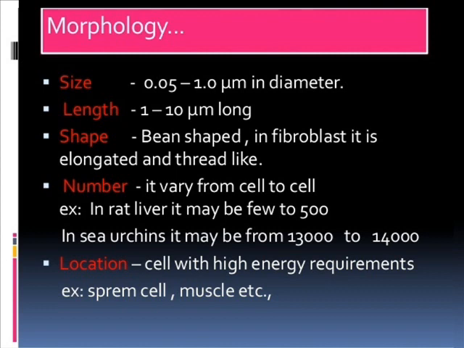For example, in the rat liver, the number of mitochondria is around 500, whereas in sea urchins, it ranges from 13,000 to 14,000. Generally, mitochondria are seen in those cells which require a high level of energy, for example, sperm cells, muscles, etc.